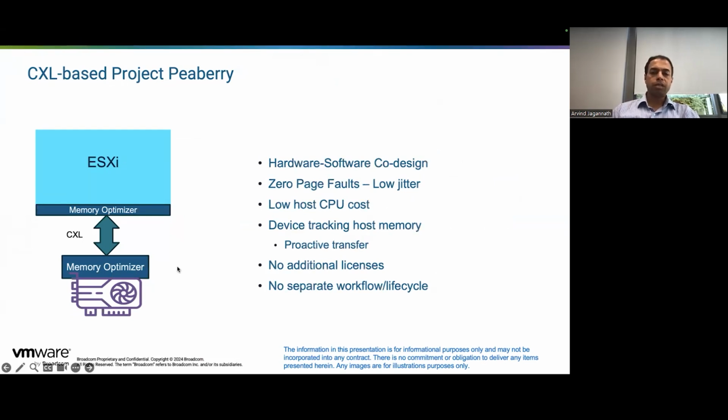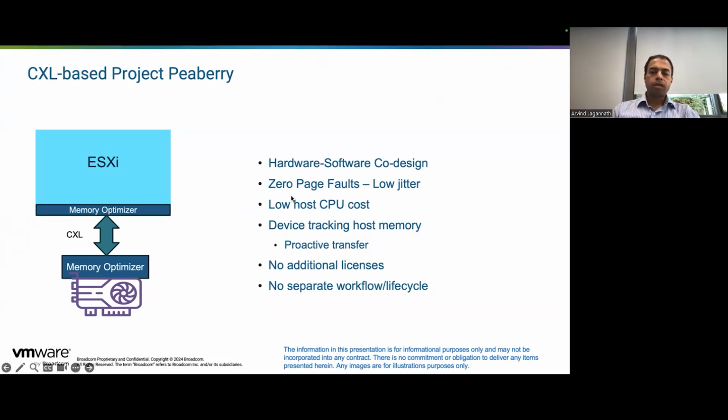We are working with a few vendors, and this co-design provides better performance and uses the properties of CXL to provide improvements in the response times and performance, and how we can move up to supporting even some of the latency sensitive or in-memory sort of workloads.